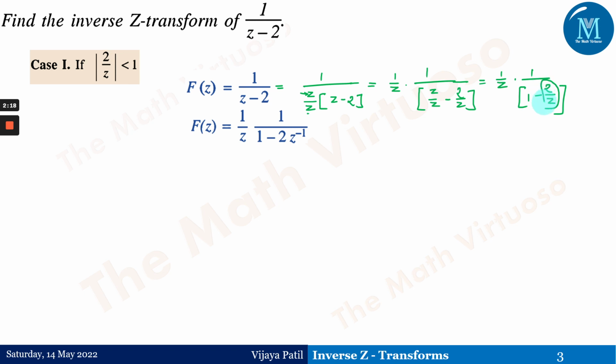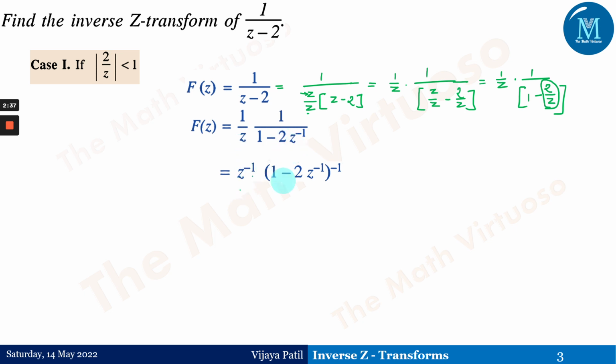So if you observe here, 2 by z has come into the picture. F of z is 1 by z into 1 upon 1 minus 2 z to the power minus 1, where 1 by z can be written as z to the power minus 1.